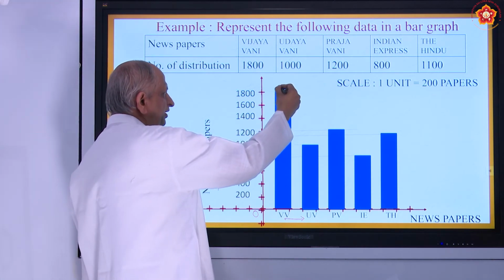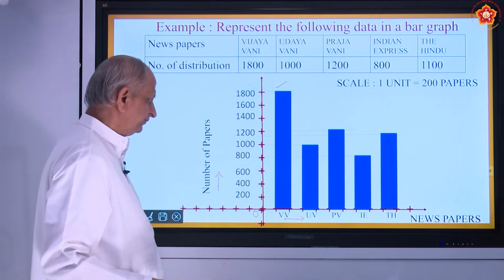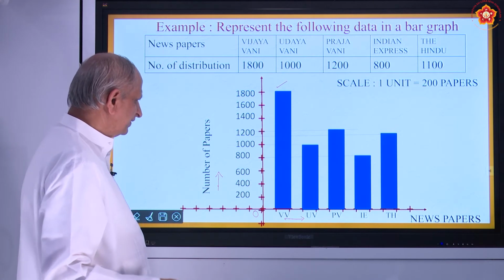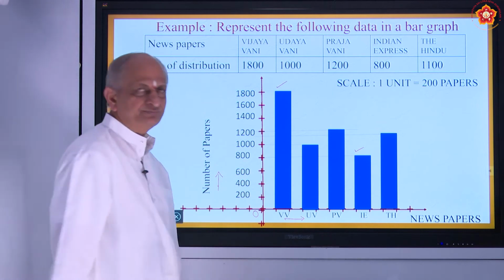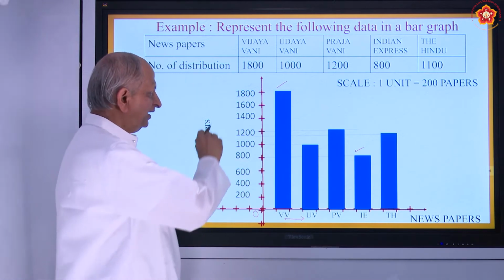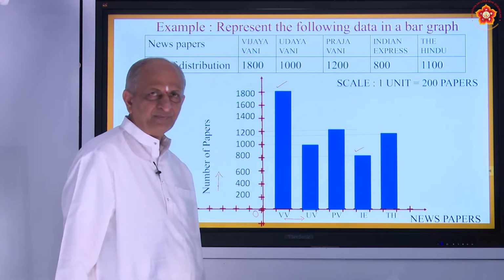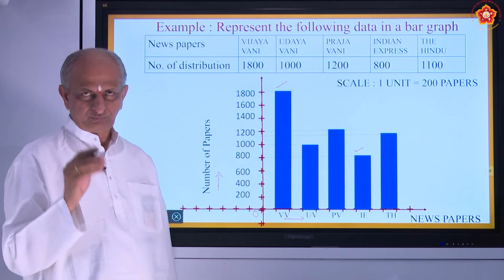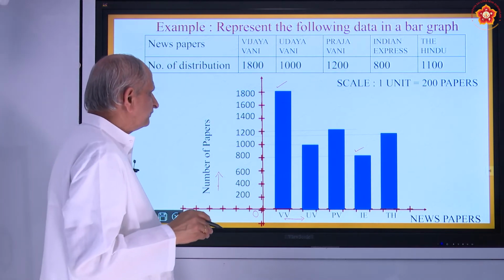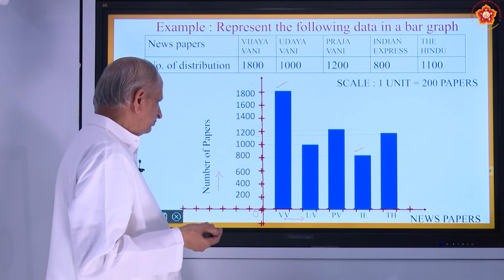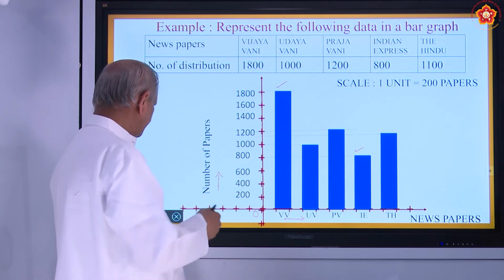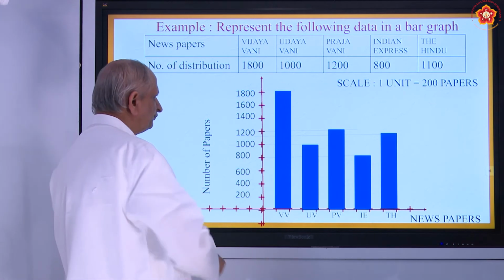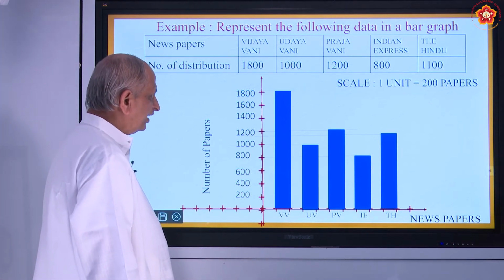Here Vijayavani is distributed the most, and Indian Express is the minimum. You can make that out, is it not? So like that you can analyze. On this basis you can improve the sales also, because by seeing the interest of the people we can get some results out of it.